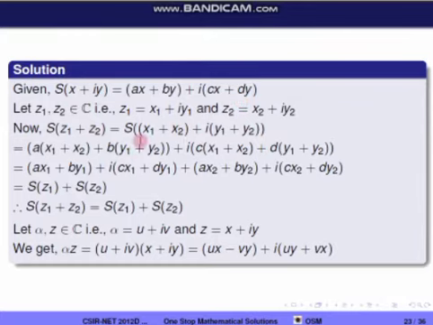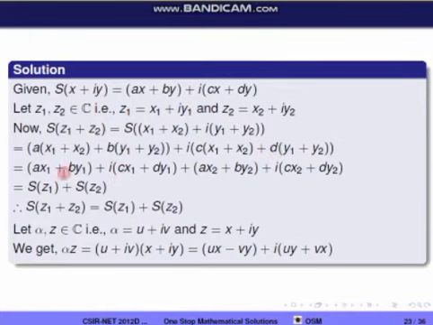So substitute that. So this is equal to a into x1 plus x2 plus b into y1 plus y2 plus i into c into x1 plus x2 plus d into y1 plus y2. So now rearrange the terms so that we'll get x1 and y1 terms in the first two terms and x2, y2 terms in the next two terms.